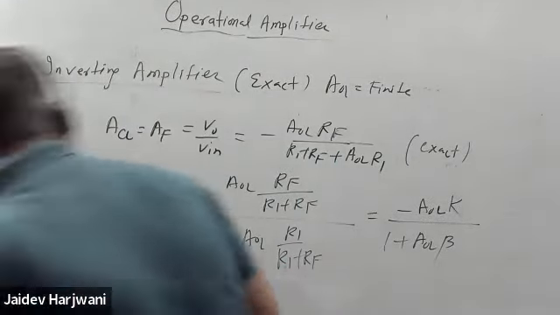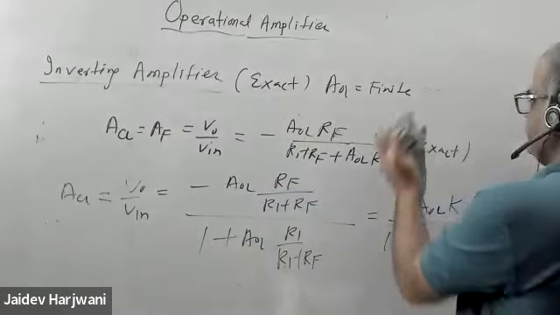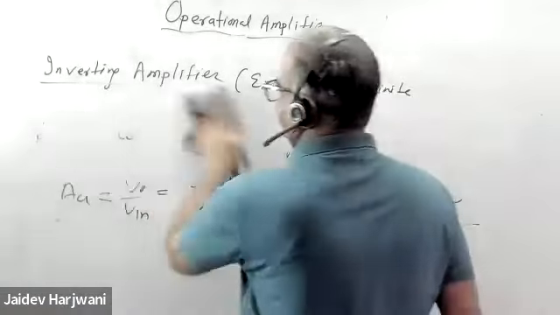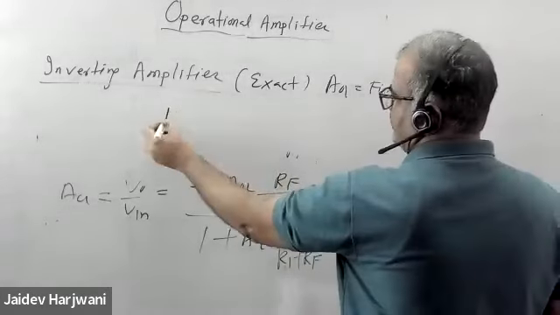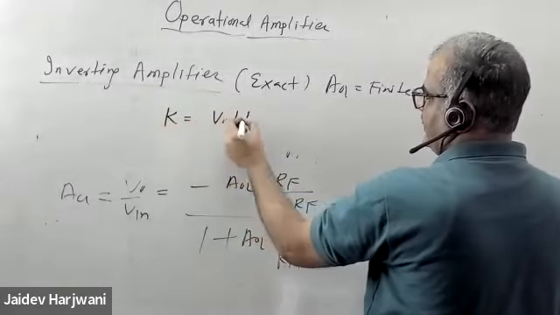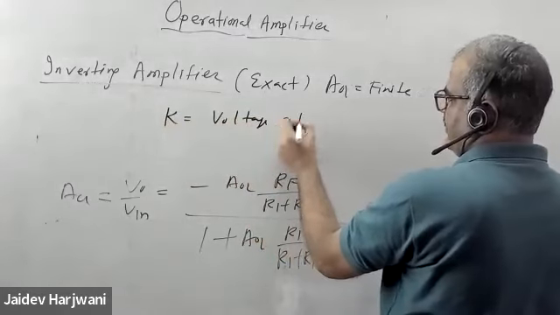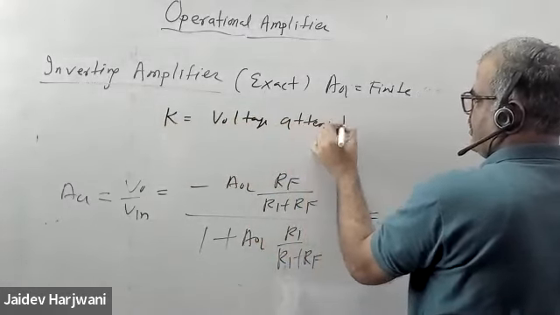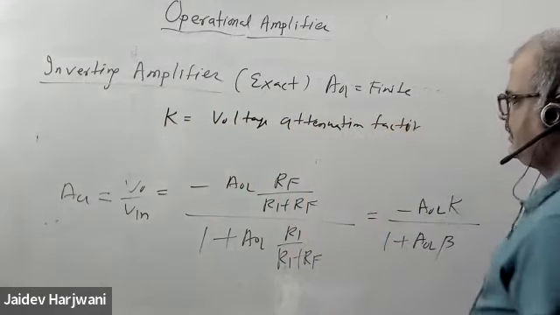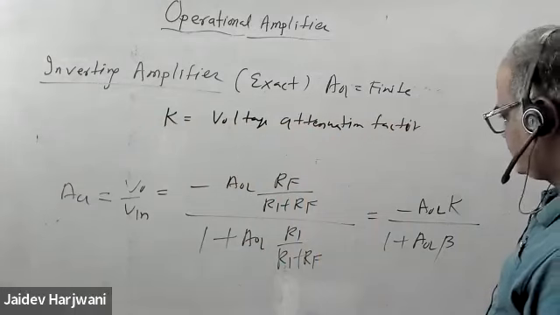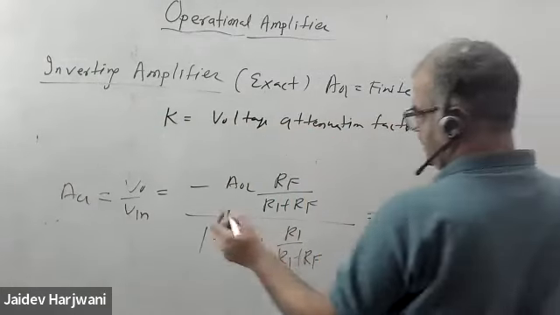K is called your voltage attenuation factor. Okay, and this is your beta.